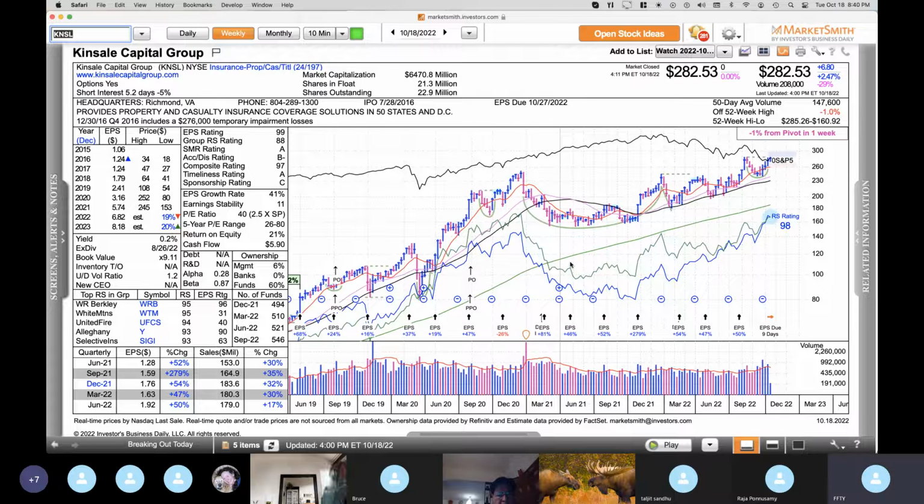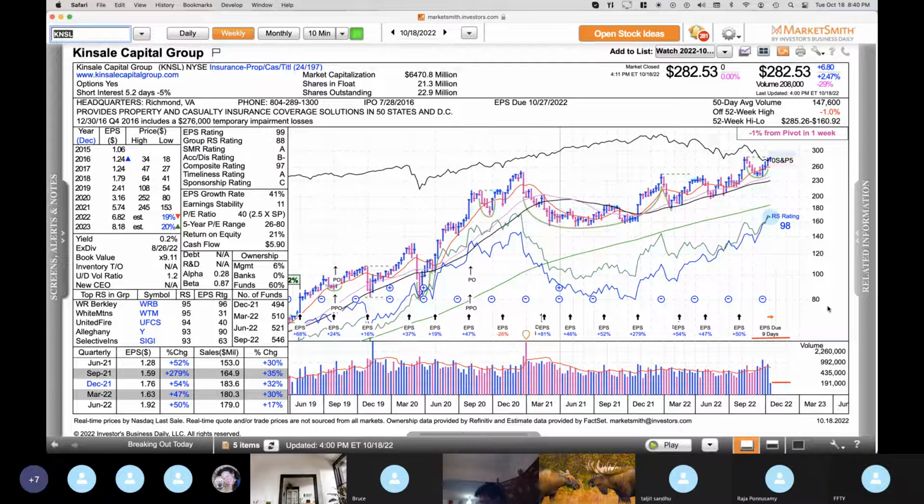We have Kinsale Capital Group. It's an insurance company, Group 24. Cup with no handle. That is line blue dot. Reports earnings in 9 days. Only 2 days of the week, and the volume have been, it's a low liquidity stock, maybe.